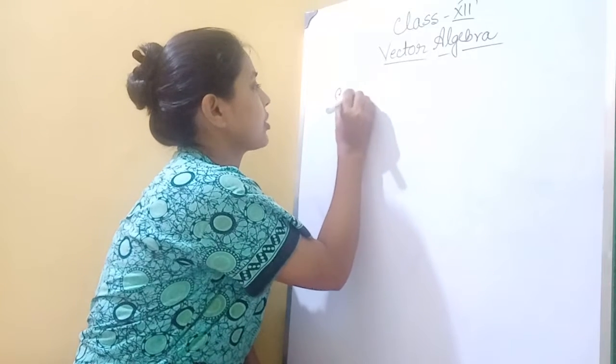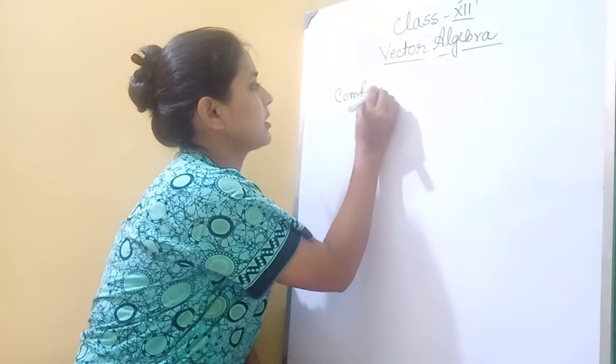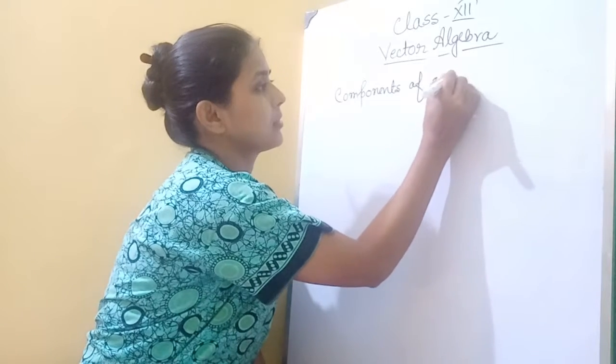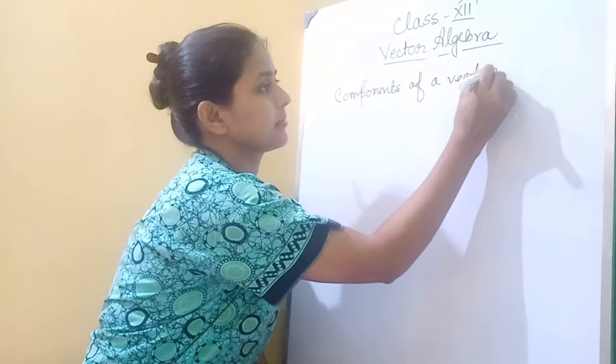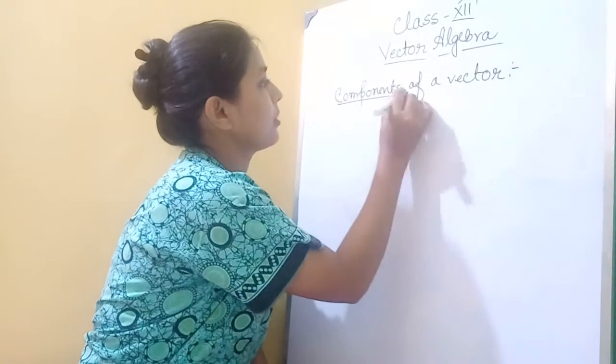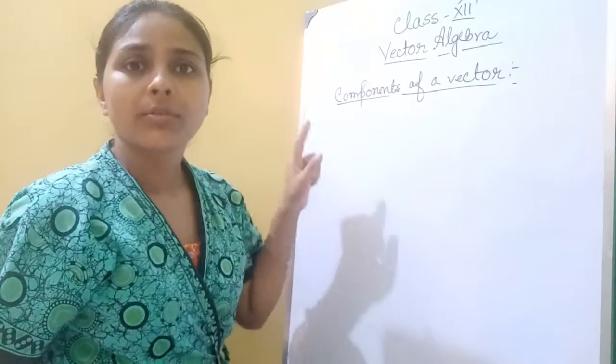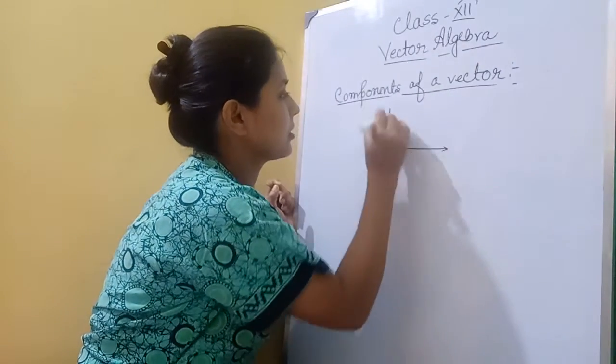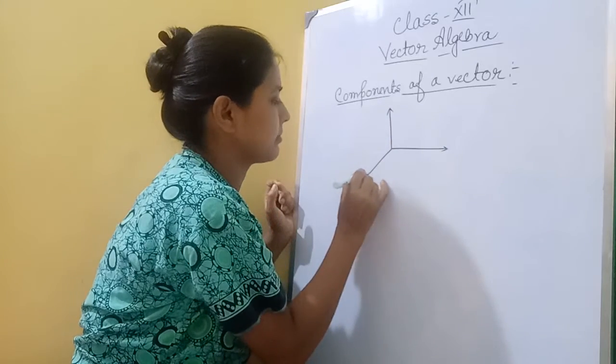So our first topic is components of a vector. For this we need to draw the mutually perpendicular system.